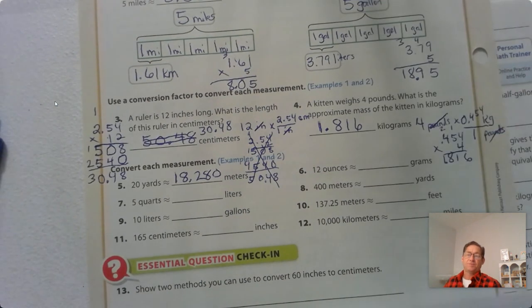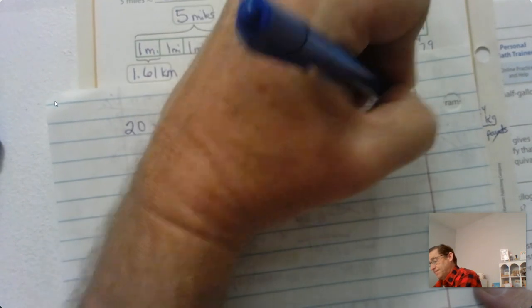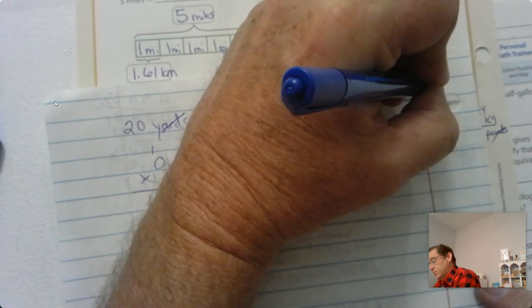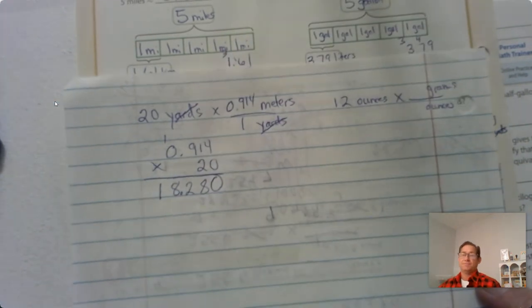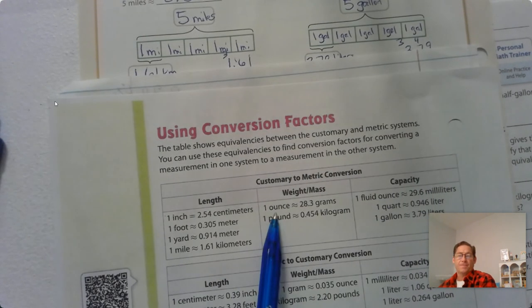Number 6. Ounces. 12 ounces is about how many grams? So we're starting with ounces. And we want to convert those ounces into grams. So every ounce is 28.3 grams.